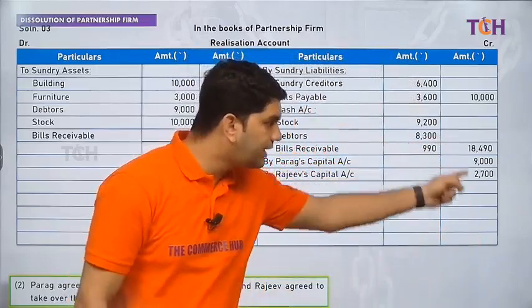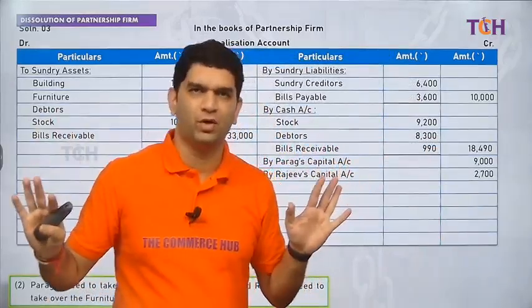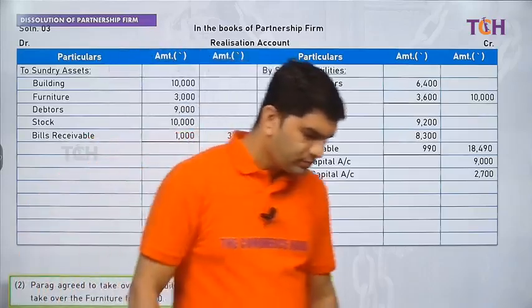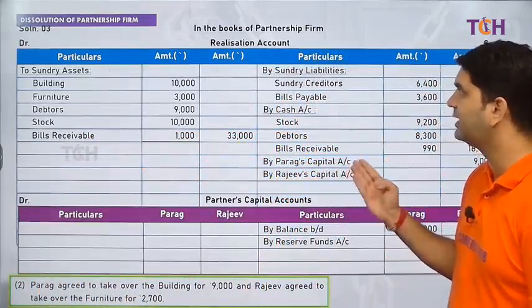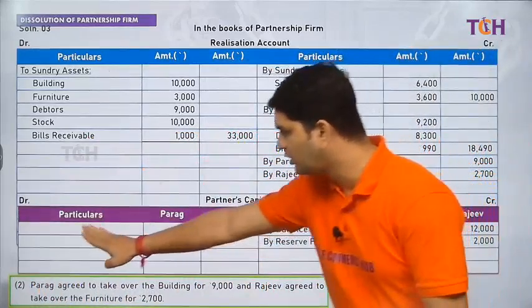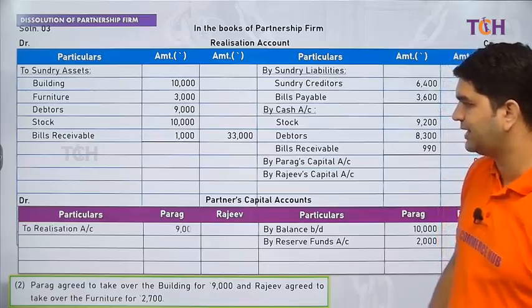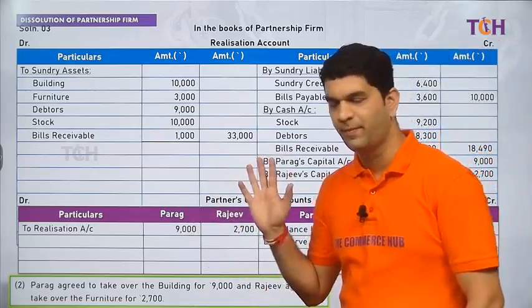Now we are writing the realized values. So indirectly, we have taken care of profit or loss. Okay, we'll not write it separately. Now, moving further. As we have recorded capital on the credit side of realization, we would also record the second effect in capital account, that is to realization account, and in the individual partners' columns, we'll write these amounts.